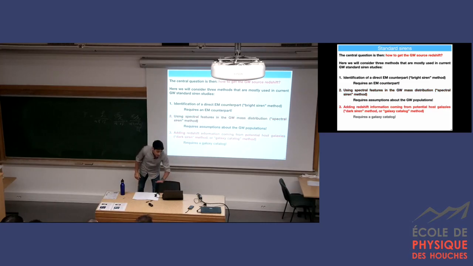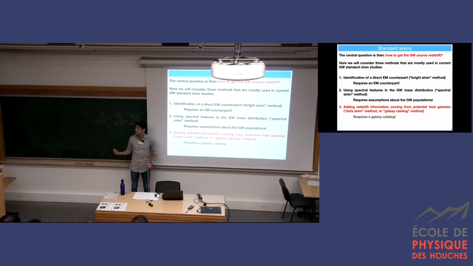And then the third method, which I will go into in this lecture, is by using a galaxy catalog. On top of this information, which we in any case have to use, meaning we also have to make assumptions about the GW population even with this third method, we can add redshift information if we have a galaxy catalog.